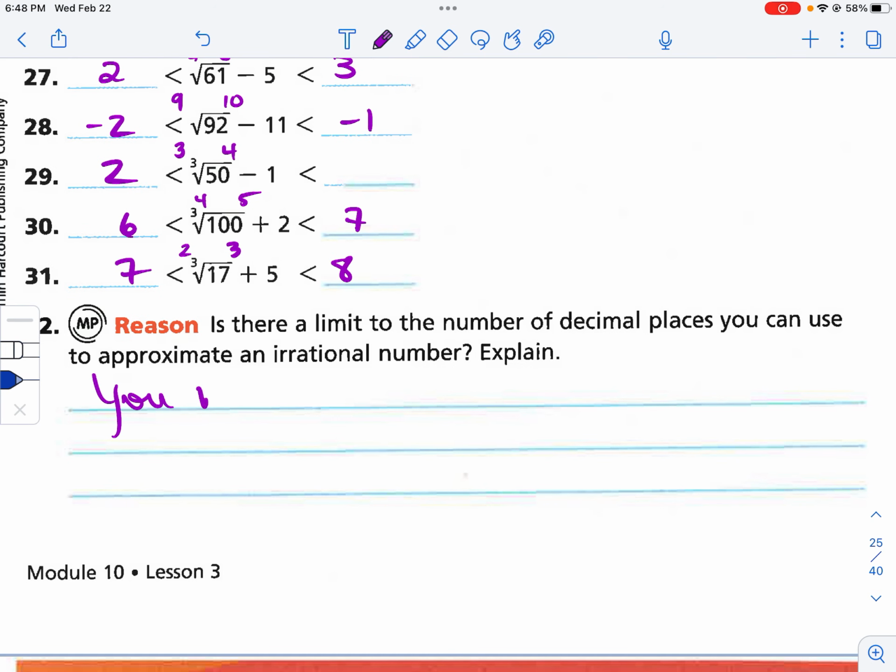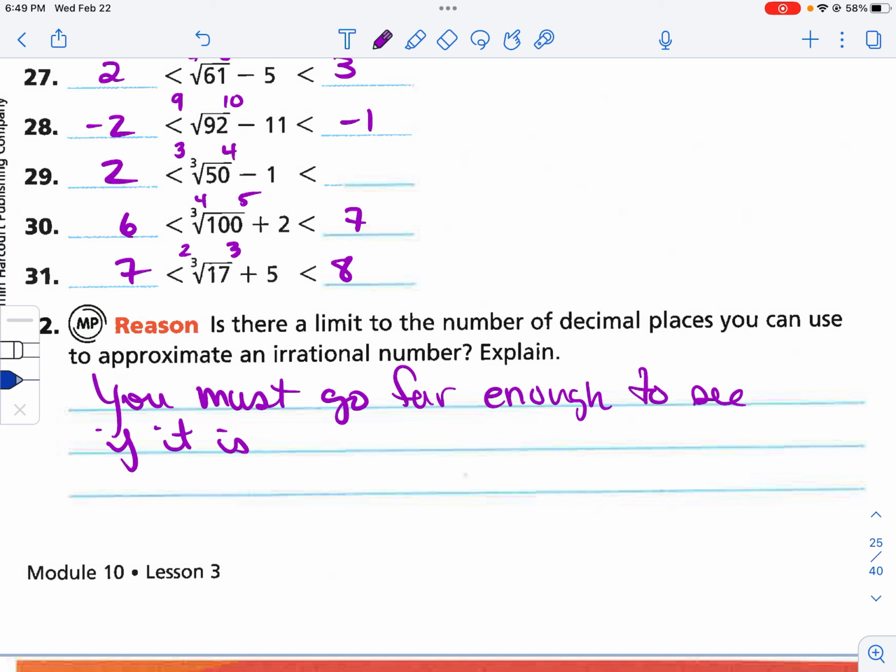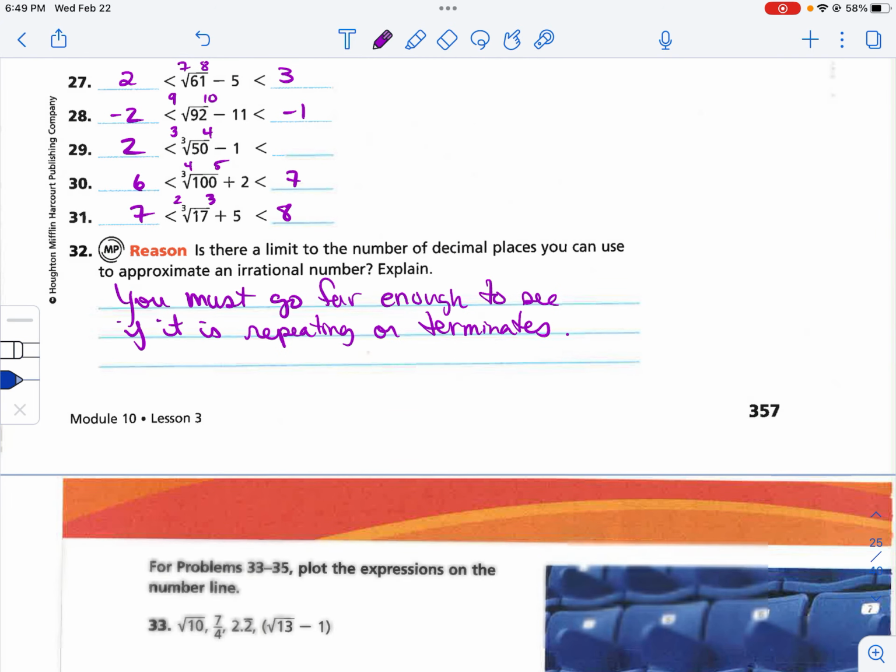You must go far enough to see if it is repeating or terminates. Okay.